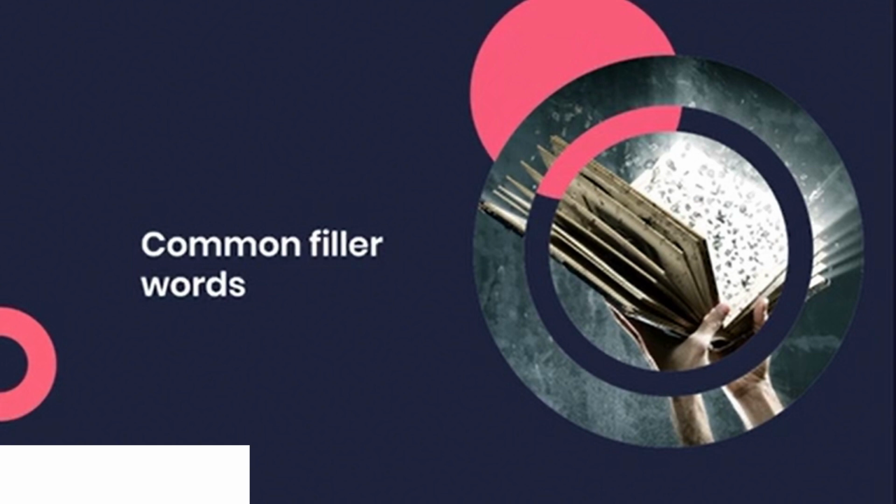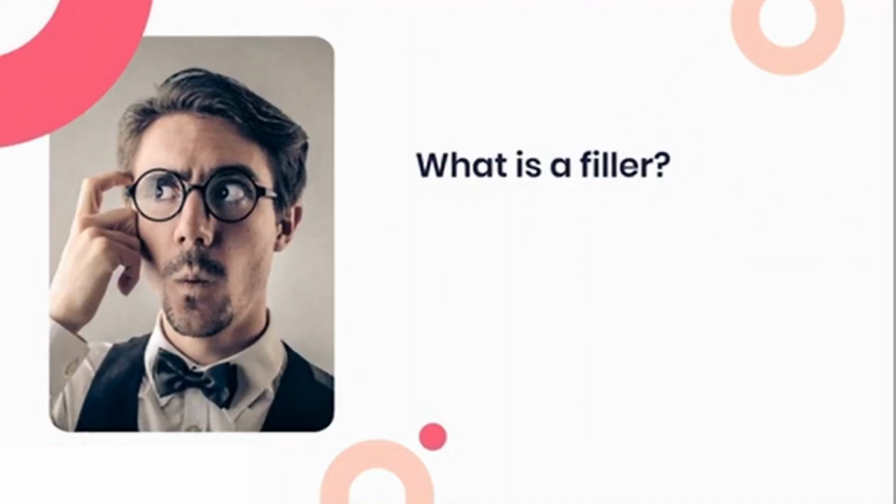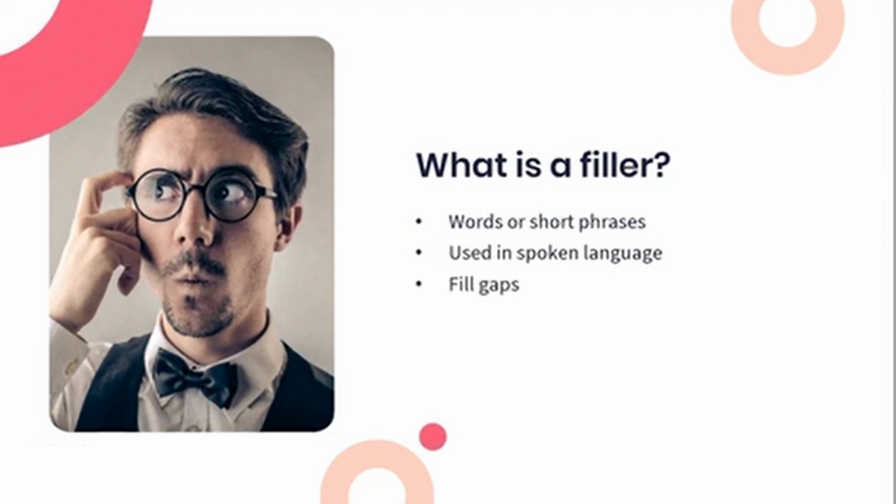Our first core topic is common filler words, where you will learn how to fill gaps and show hesitation while you're speaking. Fillers, also known as discourse markers, are words or short phrases that are used in spoken language to fill in gaps when we hesitate.